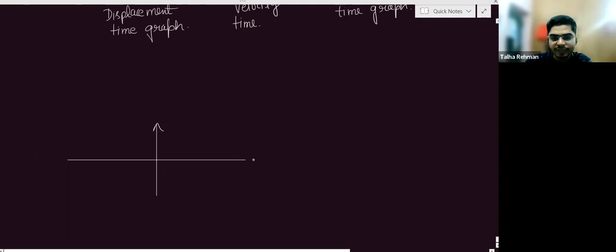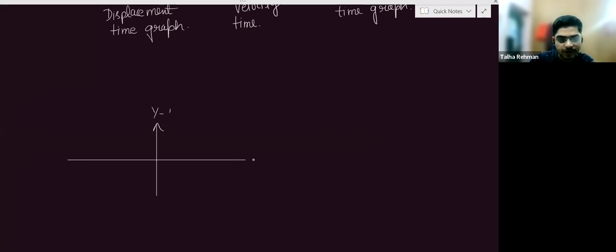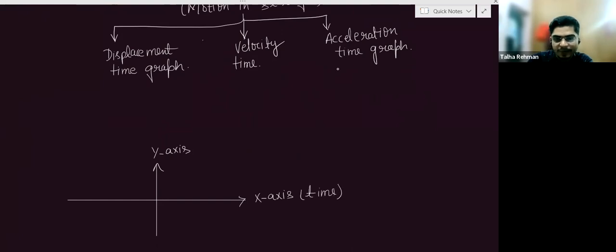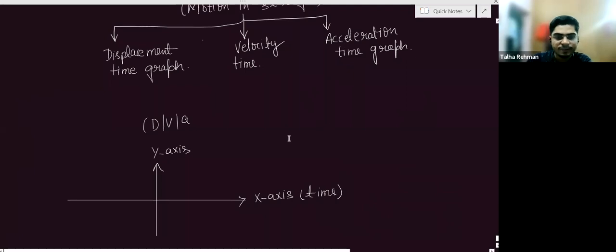This horizontal line is the x-axis. So when we draw these graphs of displacement time, velocity time, acceleration time, time we will take on the x-axis, and other quantities like displacement, velocity, acceleration, we will take on the y-axis.